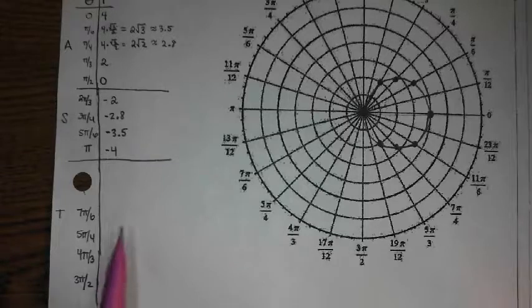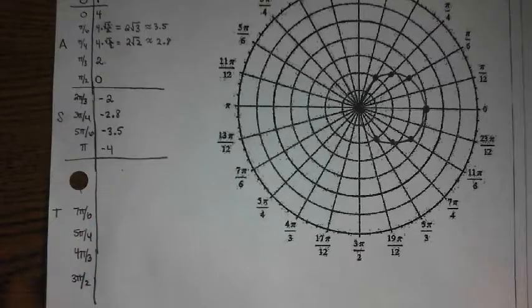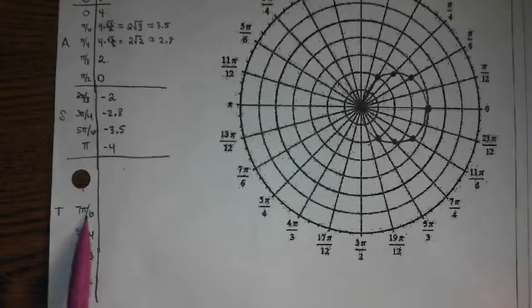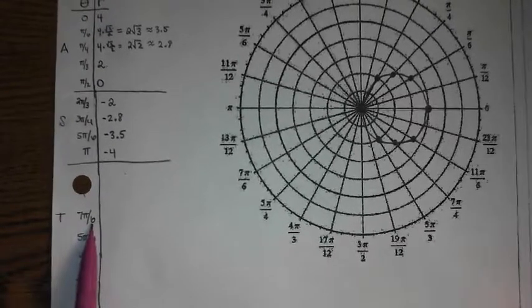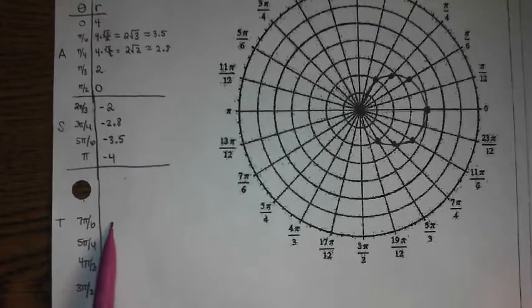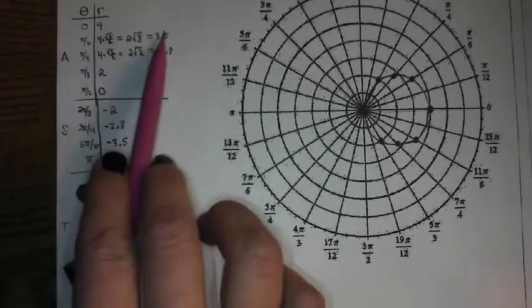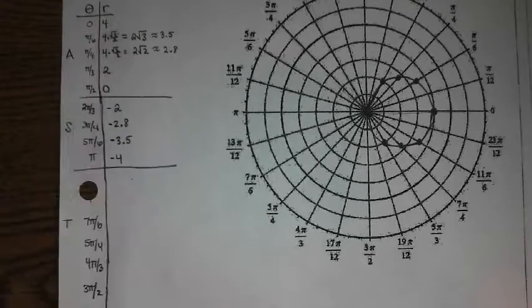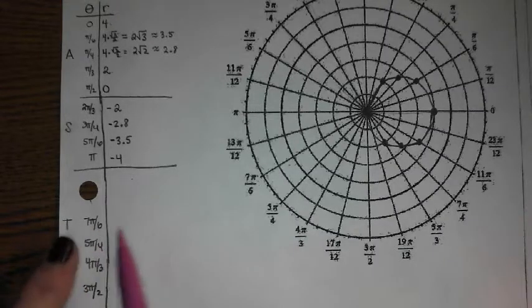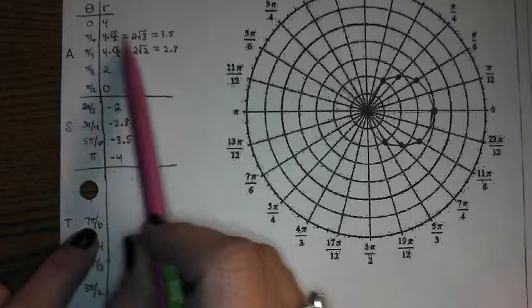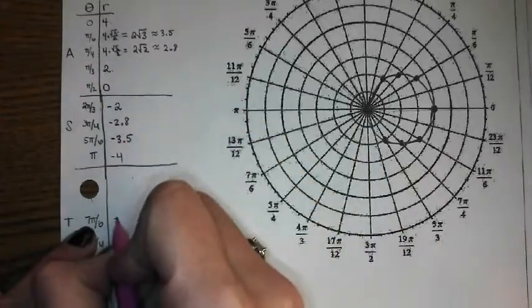And again, I don't need to sit there and reprocess the value of cosine of all of these thetas and then multiply it by 4. 7 pi over 6 is going to have an output that reflects the output that pi over 6 was. Will it be positive, though, or will it be negative? Still negative. We're in the third quadrant where all our cosines will be negative. So 7 pi over 6 is going to be negative 3.5.